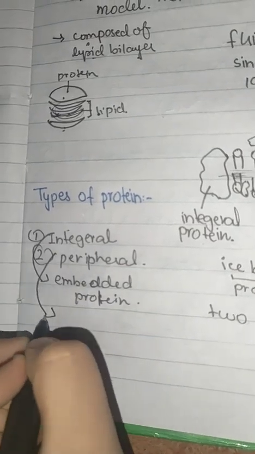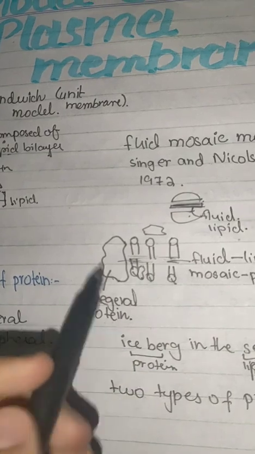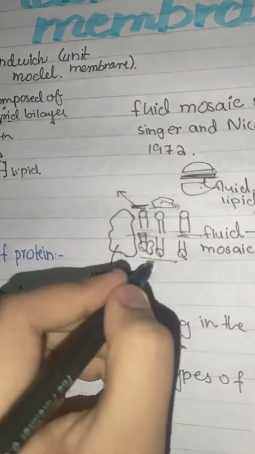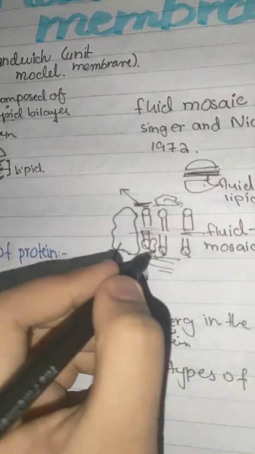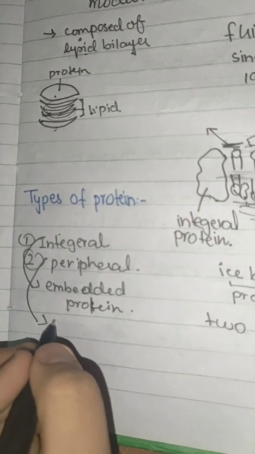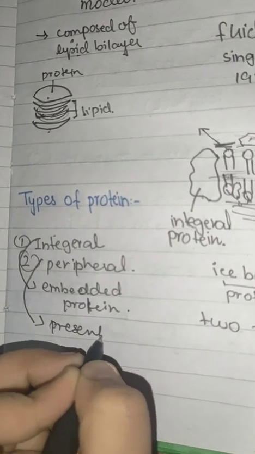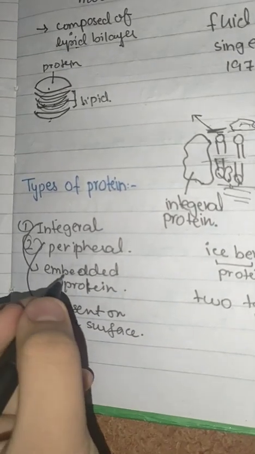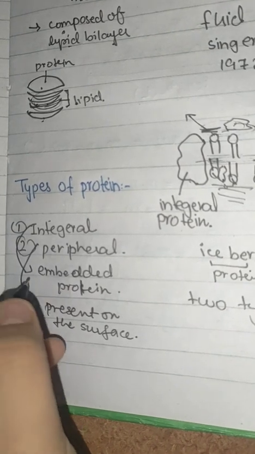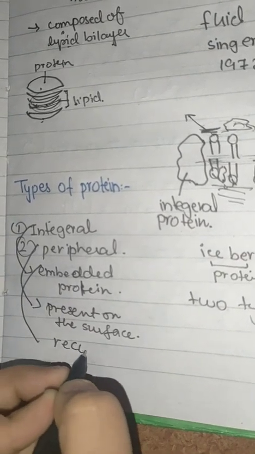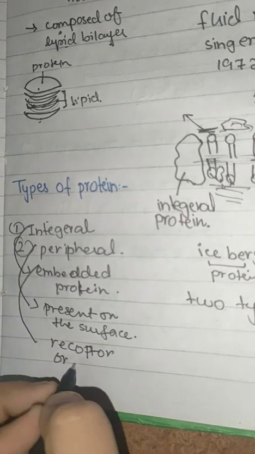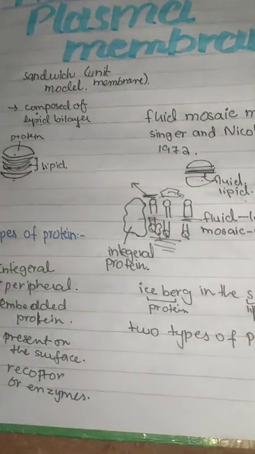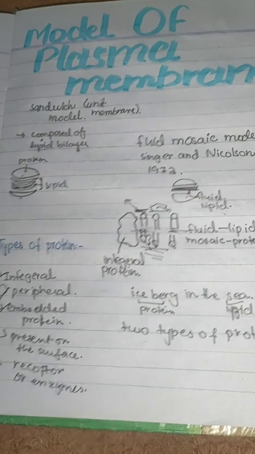Peripheral proteins are the proteins present on the surface, where we have the extracellular side and the cytoplasm. The peripheral proteins mainly work as receptors or enzymes. So these were the two types. Hopefully this is clear to you till now.